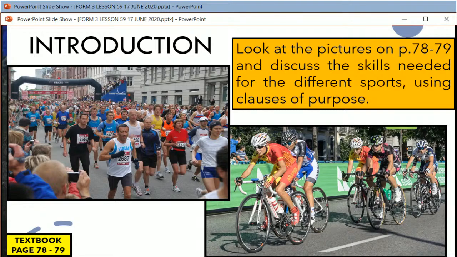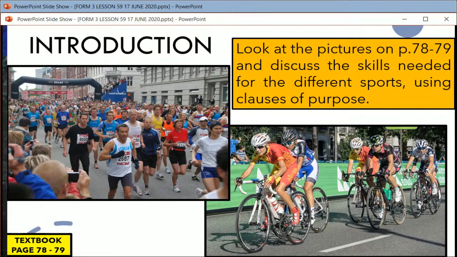All right, good, Cheryl. Both runners and cyclists need to be fit and have good stamina in order to compete. This is an example of a sentence using a clause of purpose, because you have in order to. You're explaining the purpose of why someone does something.